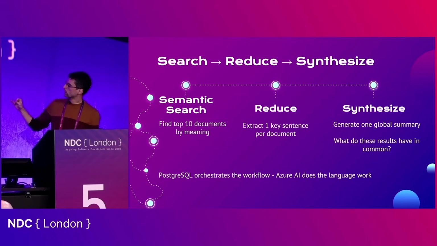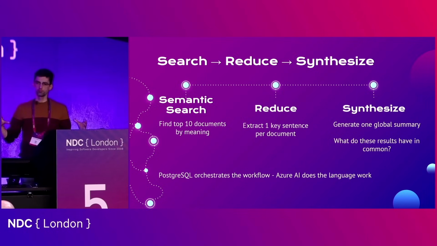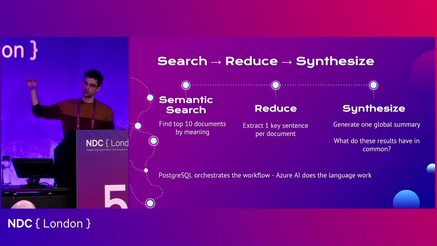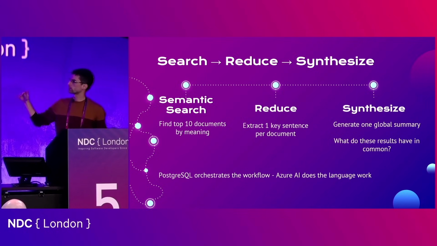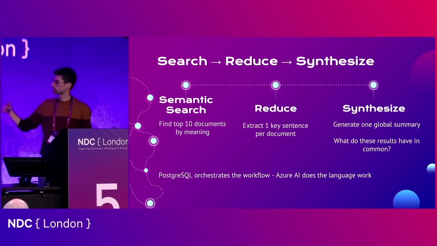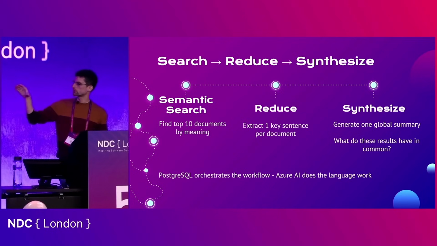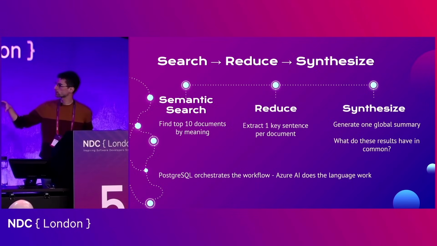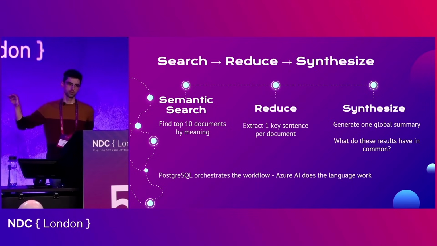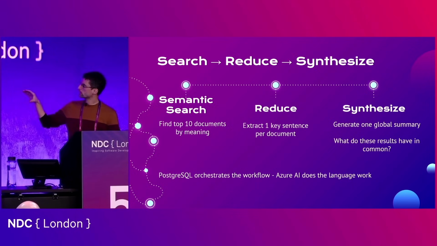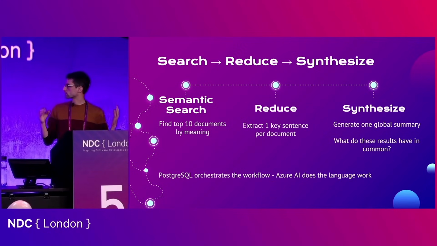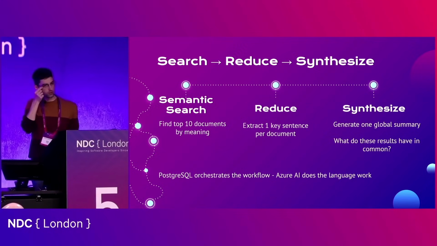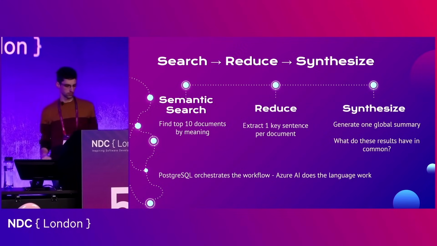It runs in one query, but it kind of runs in different phases. Part one is to find relevant documents, and then from these documents we get one key sentence, and then we summarize these sentences to get the global summary and find out what these 10 results have in common.